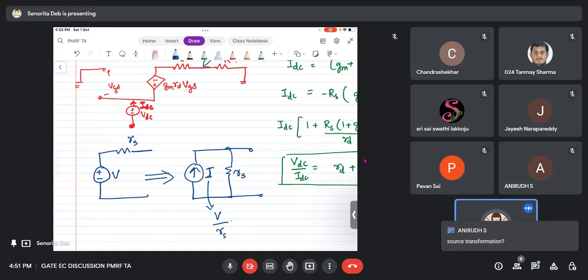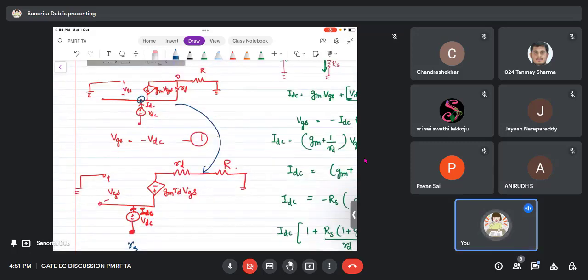This is source transformation. Here the current source with parallel RD is converted into a voltage source with series RD. Sometimes this will make your job easier. Otherwise, many times in small signal analysis, KCL only makes the job easier.